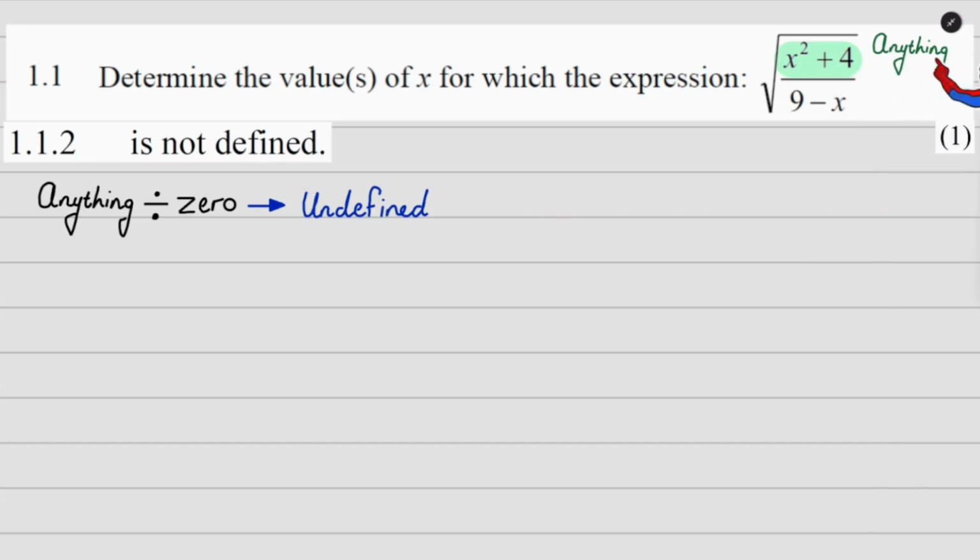I don't care about the top. I care about the bottom. I want the bottom to be 0. So I grab the bottom, I make it equal 0, and then I solve for x. So I take this minus x over to the other side and we get x equals 9. Just like that, and you just get 1 mark for this answer.